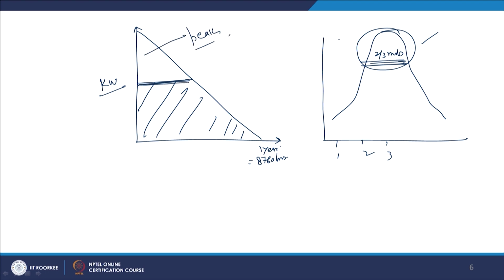For this duration or for this much of hours, we require additional power over and above the base load. Now, what are the basic requirements of a plant to supply power in the base load, right? Requirement of a plant for base load.